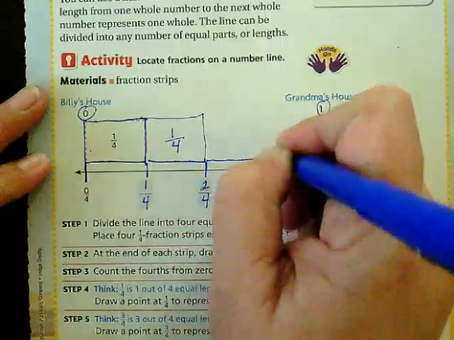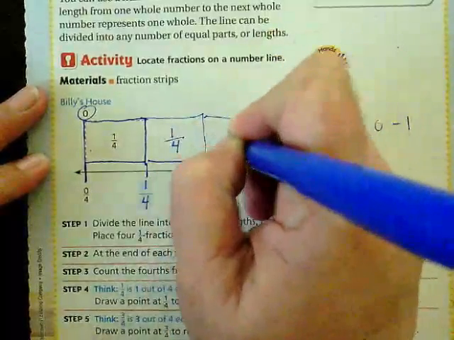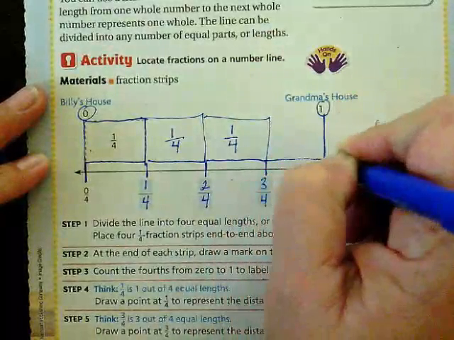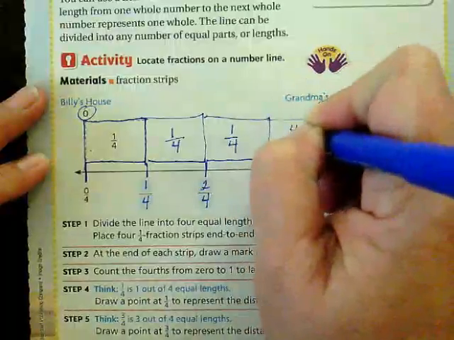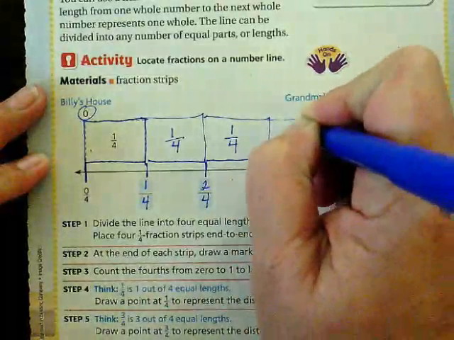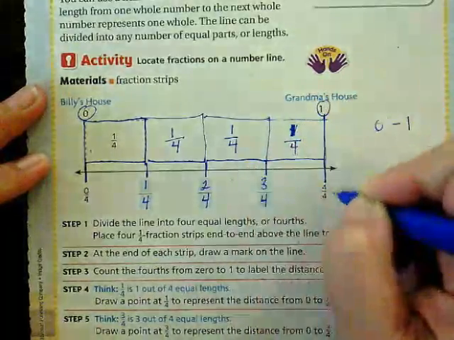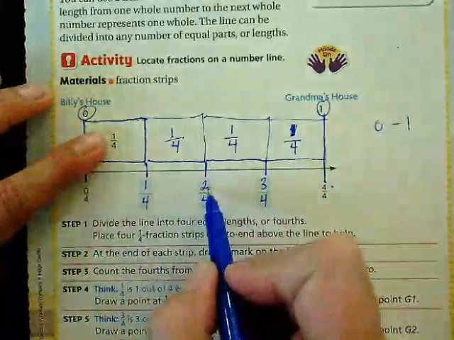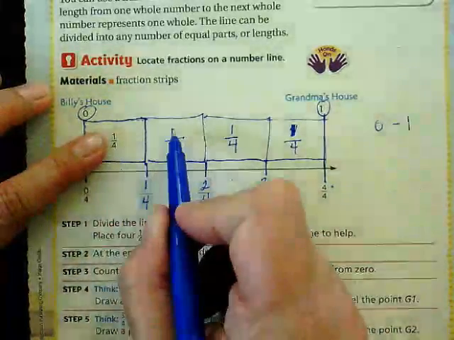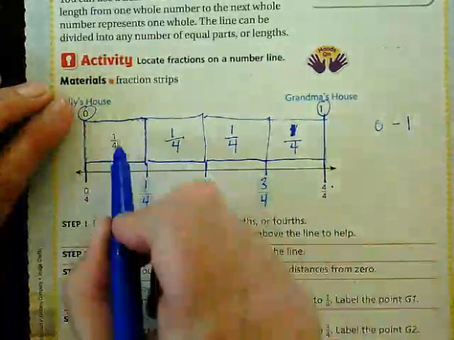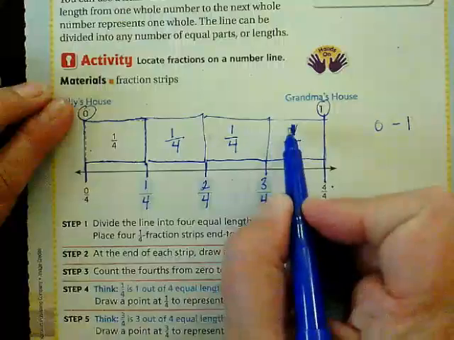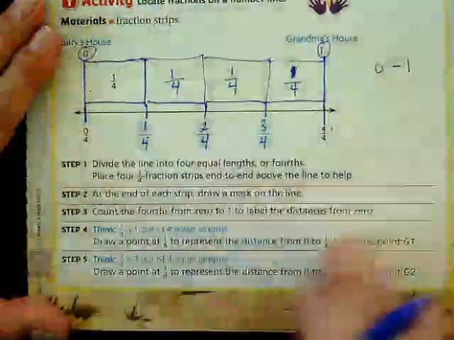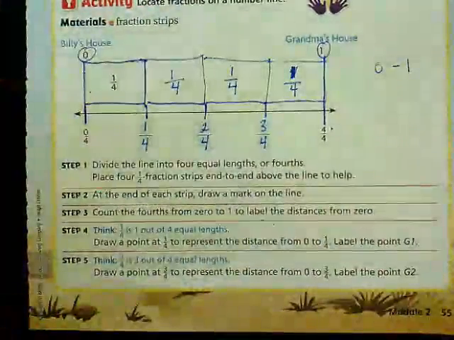If I draw another strip, I'm now at 3/4. And then I draw my next strip. Oh, that's just a 1. And I am at 4/4. So 1/4 and 1/4 is 2/4. 1, 2, 3/4, or 1, 2, 3, 4/4. Okay, and then all of these down here do exactly what I just said.